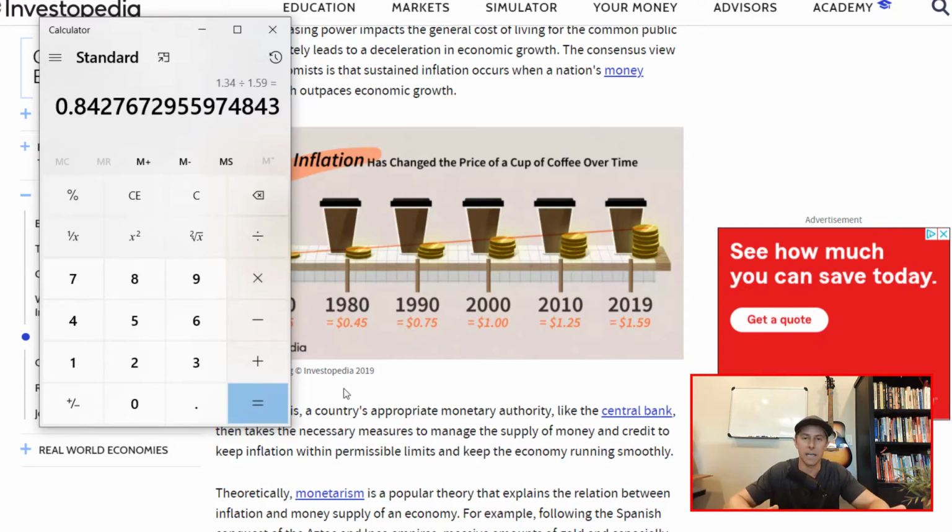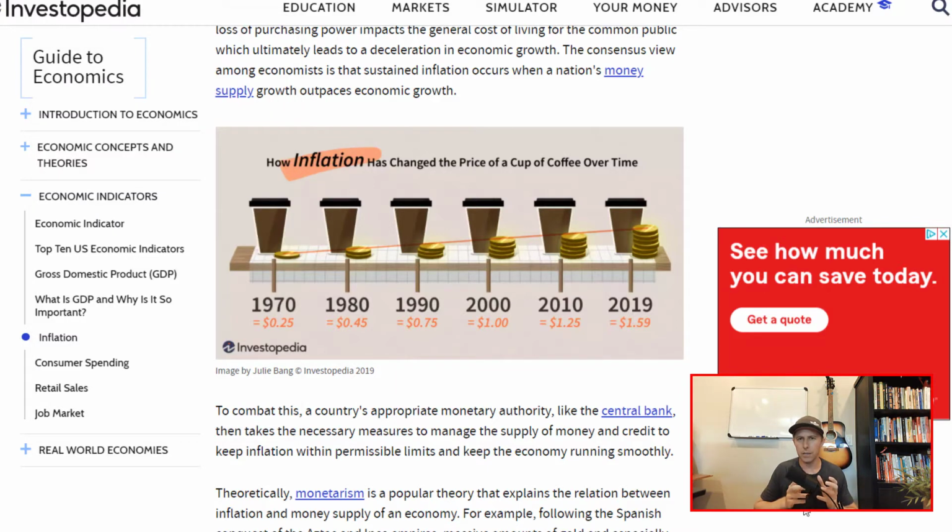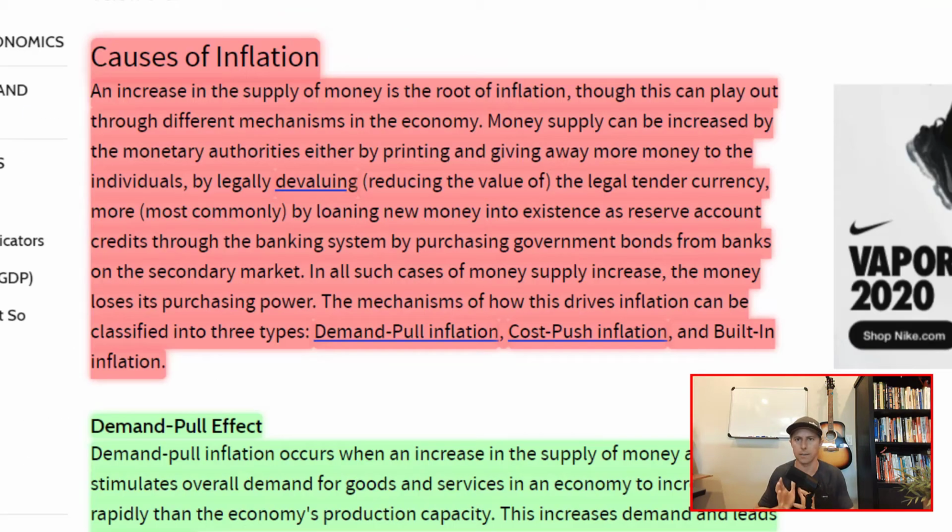Now, this is indicating that the dollar has lost roughly 84% of its purchasing power in that 50-year time span. So you see, even though the dollar value or the nominal price of your currency has not changed, the cost of goods and services have gone up to the point where your currency purchases less of those items, and that is caused by inflation.